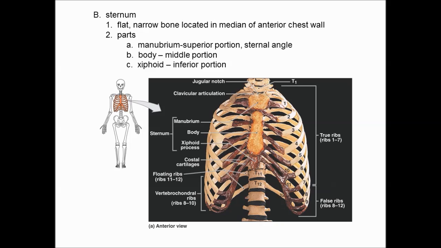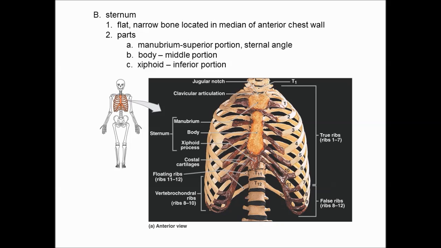And just inferior to that is the junction between that and the body, and that junction is called the sternal angle, which is very easy to palpate, and you can feel it right on the top part of your thorax. And we use it as a marking point for placement of electrodes for EKGs and so forth, because it marks the junction between the first and second rib. So if you feel that sternal angle, that's where the space is between the first and the second rib.